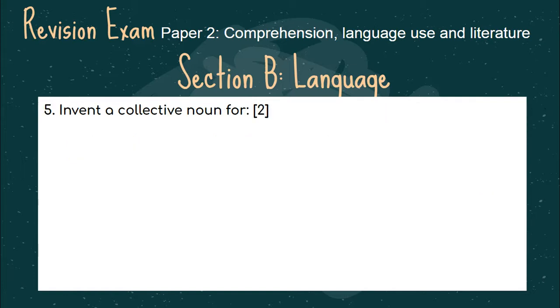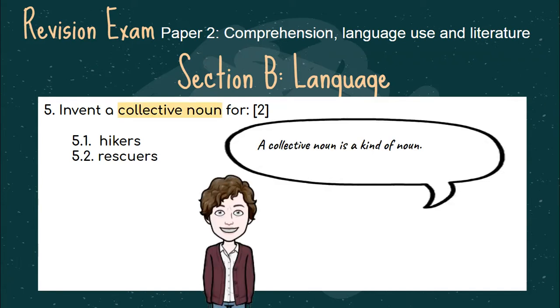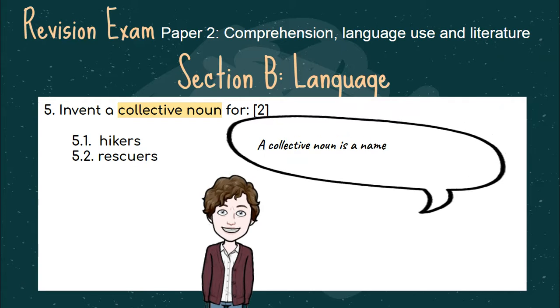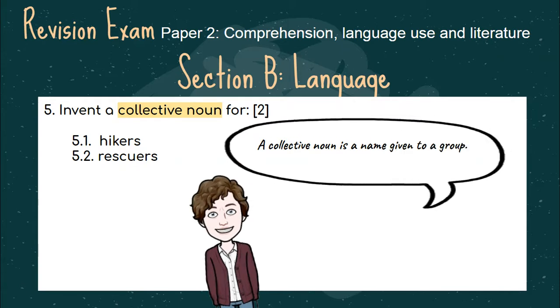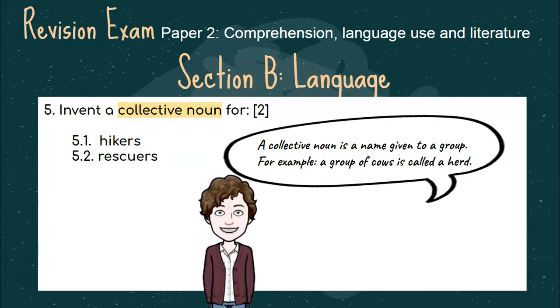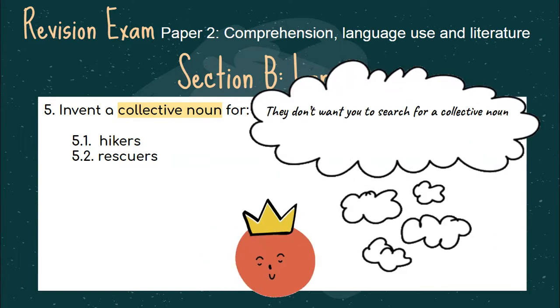Right. Number 5, they want you to invent a collective noun for hikers and rescuers. Now this is quite an unusual way to ask the question. A collective noun, remember, it's a kind of noun, a type of noun. You know that a noun is a naming word. So a collective noun is a name given to a group. So for example, you know a group of cows is called a herd.